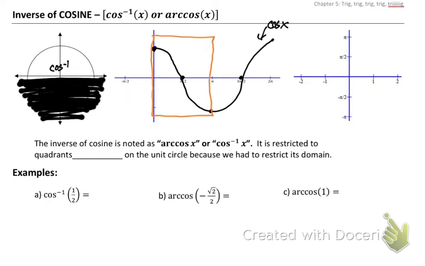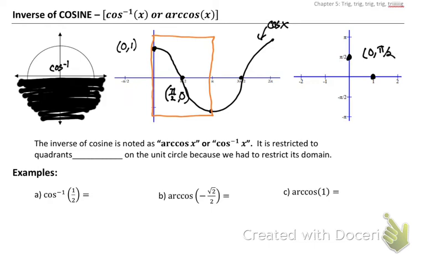Now, a graph of this really quick is just find your x and y values and flip all of those values. So we'd have 0, 1. Flip that, and I would have 1, 0. Our next one is pi over 2, 0. Flip that, you have 0, pi over 2.